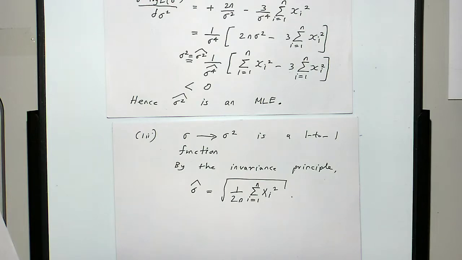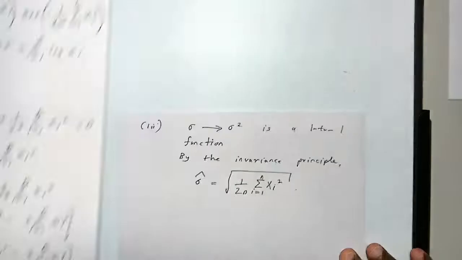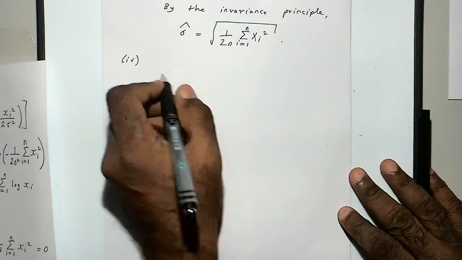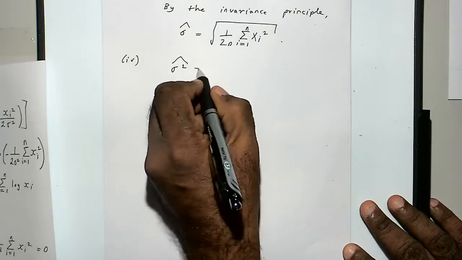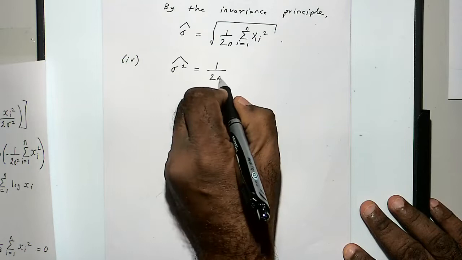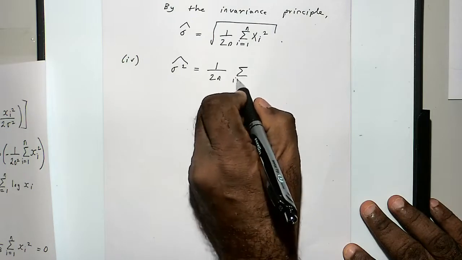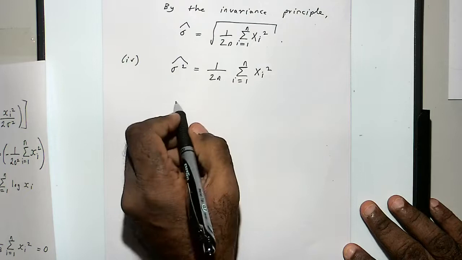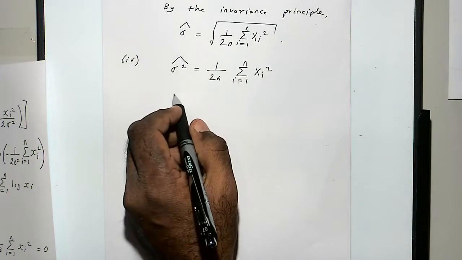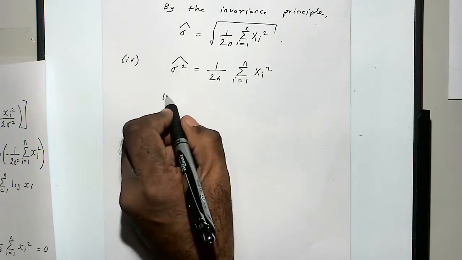Now part 4 is to show that the estimator in part 2 is unbiased. So this is part 4, and we have this estimator, which is, let me write it down one more time. We want to show that this is unbiased, so we need to work with the bias of it.